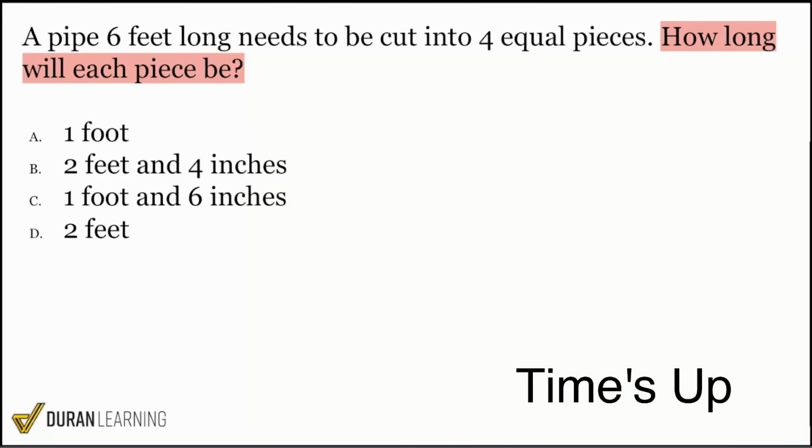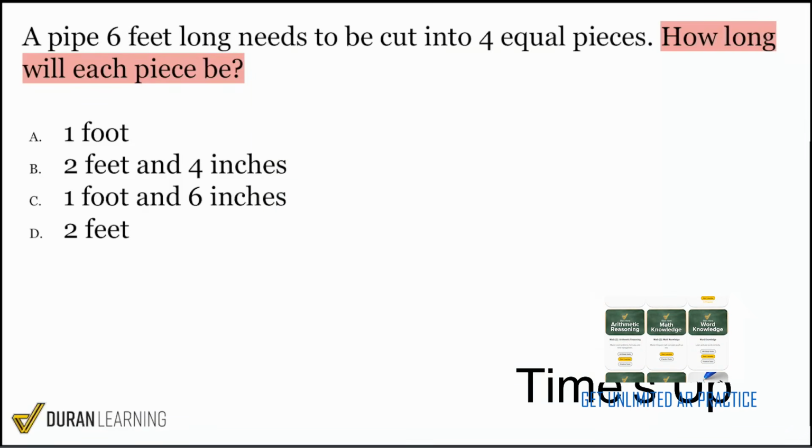So what that means to me is that from whatever we start with, whatever operation we do, at the end, it's possible that if we have a partial number of feet, like let's say 1.5 feet, well, we need to convert that decimal to inches. It's not accepting a decimal answer. It's going to be feet and inches if there is a leftover number of inches.